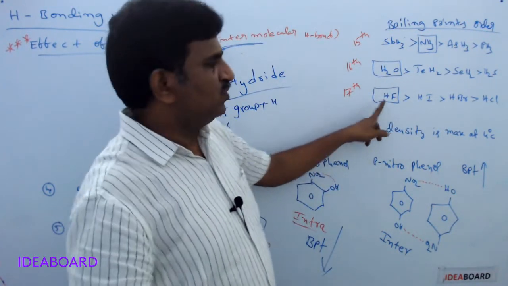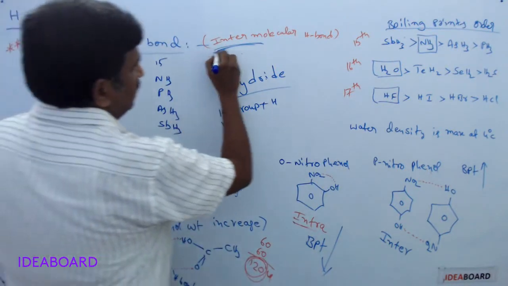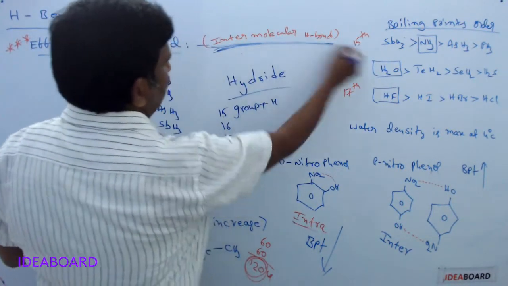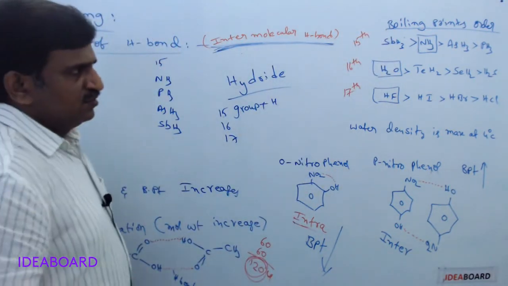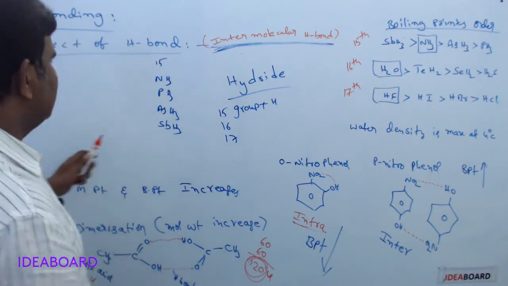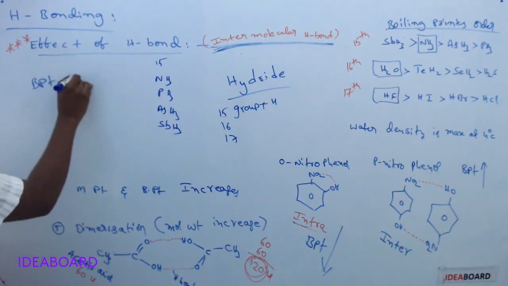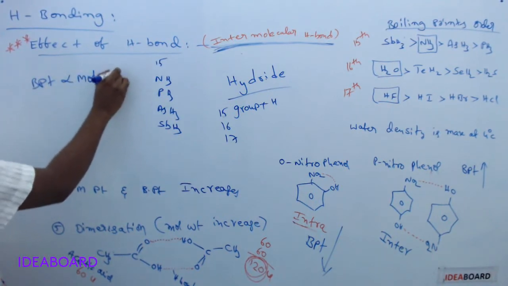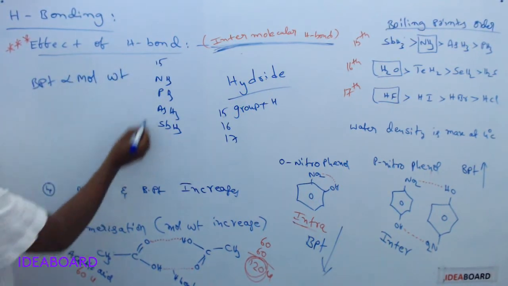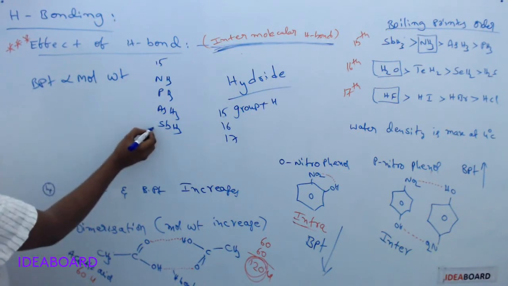Why? Due to intermolecular hydrogen bonding. Okay, generally boiling point values are directly proportional to molecular weight. So top to bottom it increases.